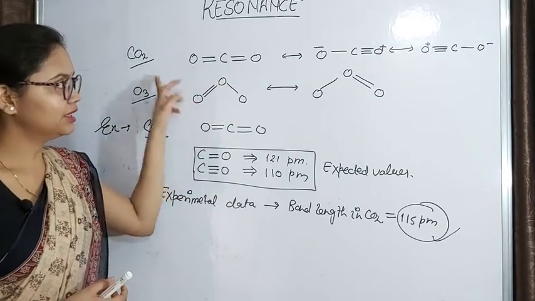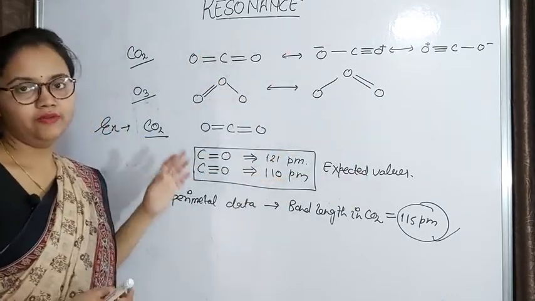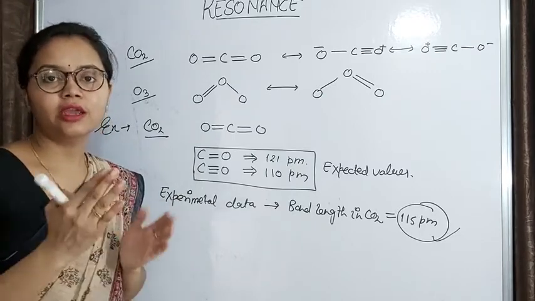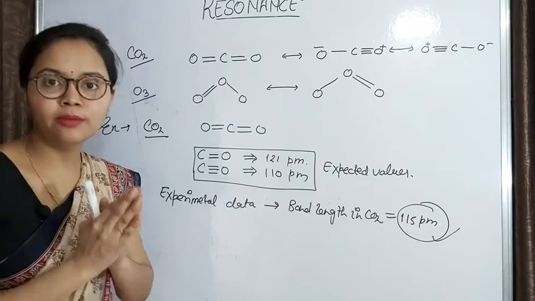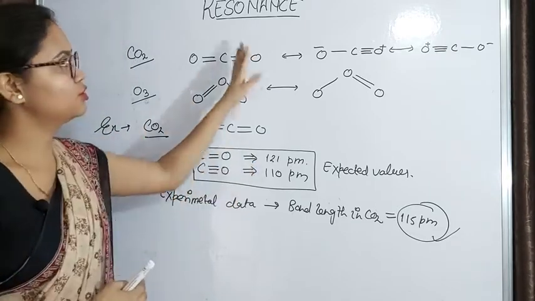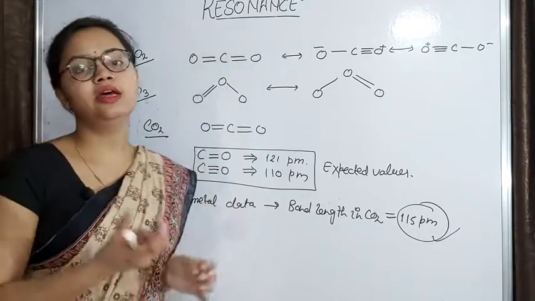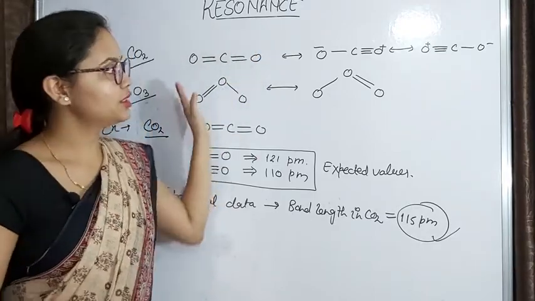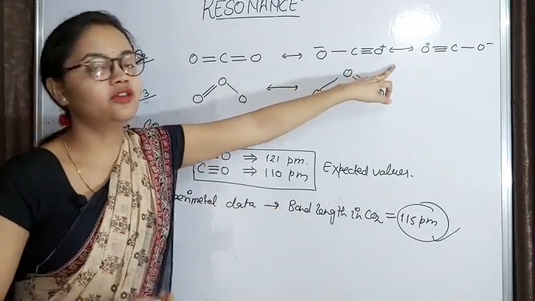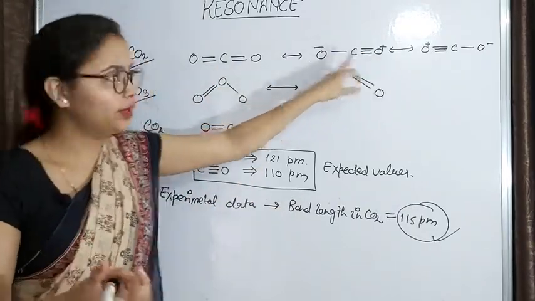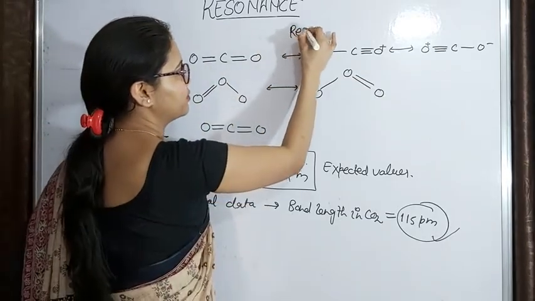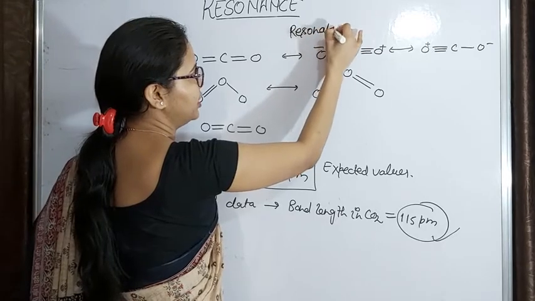This phenomenon, in which we represent more than one Lewis bond structure to explain most of the properties of a compound, is known as resonance. Resonance is actually a theoretical concept. The structures which try to explain most of the properties of the compound are known as resonating structures.